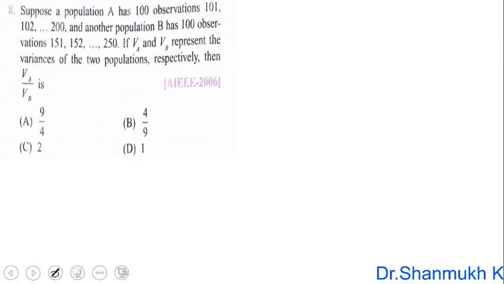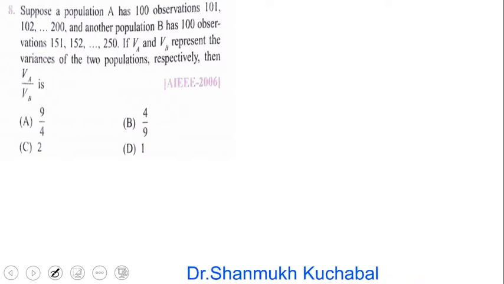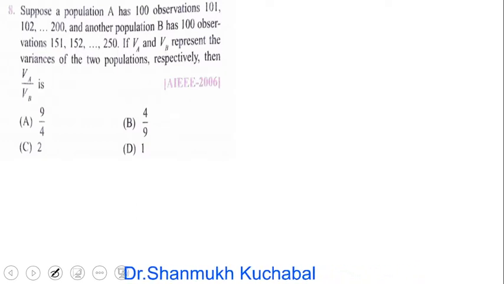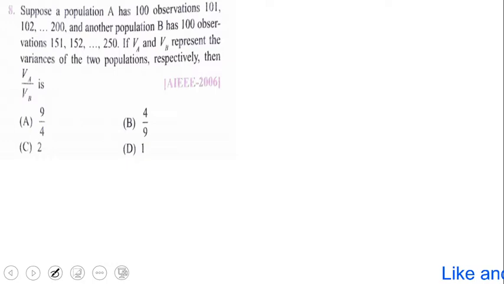Next, example number 8. The question is, suppose a population A has 100 observations, 101, 102, and so on up to 200, and another population B has 100 observations, 151, 152, up to 250.